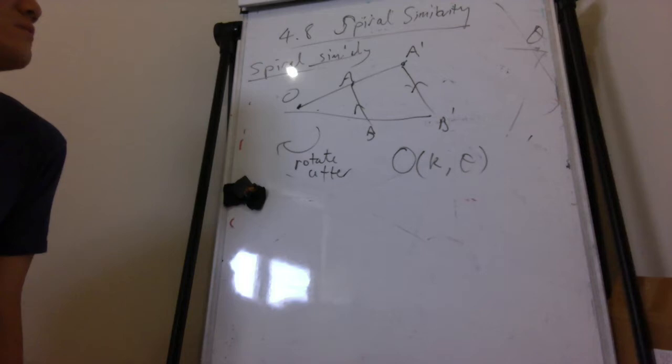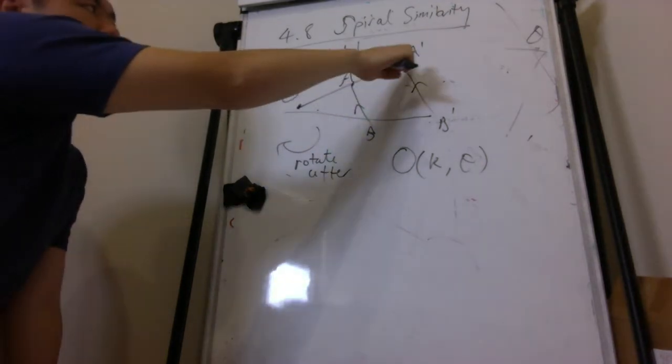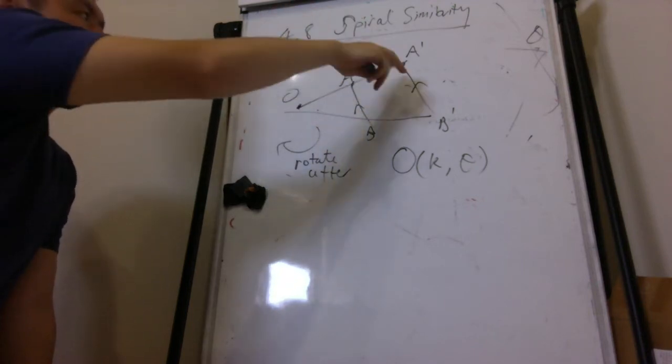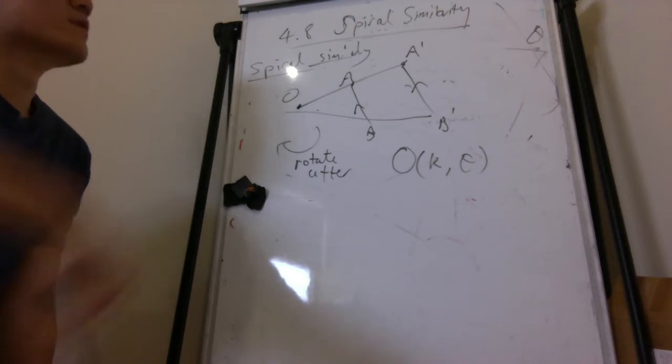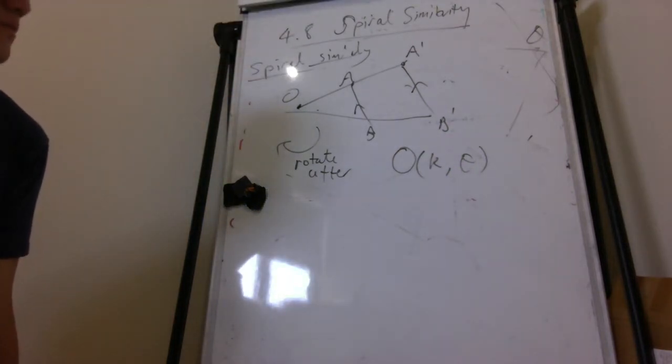Relative to the middle circle, the image has to be on some other circle. So once you rotate it and then dilate it, it'll still be there. If you dilate it first, it'll be there and then you rotate. So it's basically those two circles. And if it made a difference, this definition would be different.